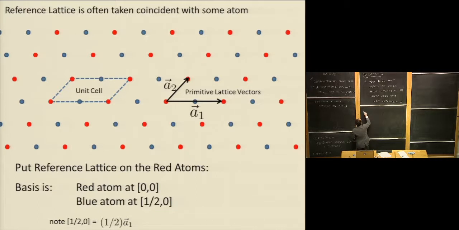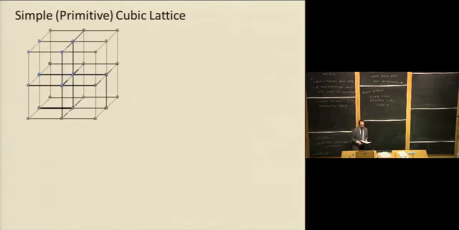So the simplest lattice in 3D, cubic lattice. We colloquially call it a cubic lattice, but it's probably more properly called simple cubic, or primitive cubic, or cubic-P for primitive. And you probably know what this looks like. It looks kind of like this.